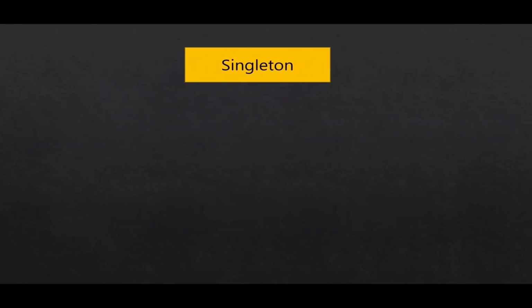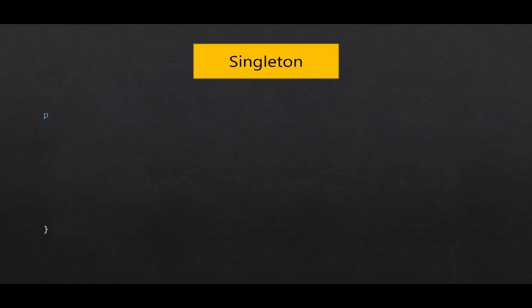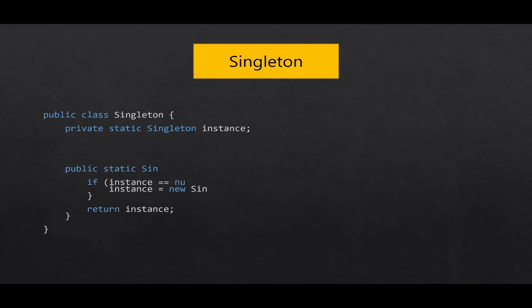Starting with singleton pattern, when we want to ensure that only one instance of a class should be created, we use singleton pattern. To use this pattern, we define a private static member variable of the class. We use static here because static variables are shared across class objects. We will define a function getInstance that will return the existing instance of the class, or will create a new instance if it does not exist.